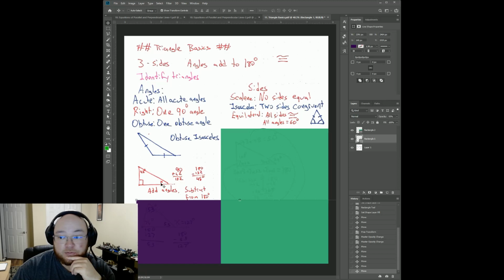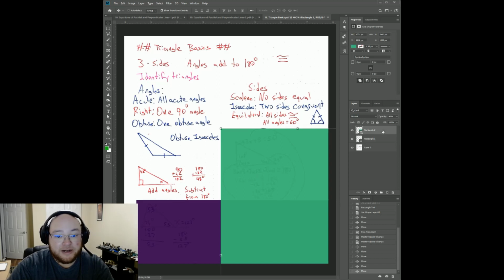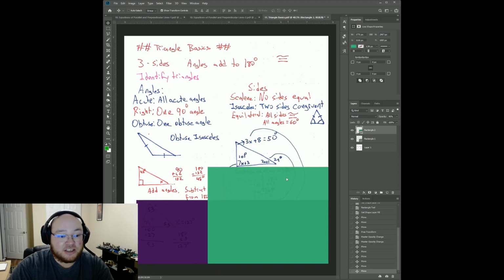So x would be 48. If it's a 90-degree angle, you should know that 180 minus 90 is 90. So if it's a right triangle, you could also have just done 90 minus 42. Also got 48.